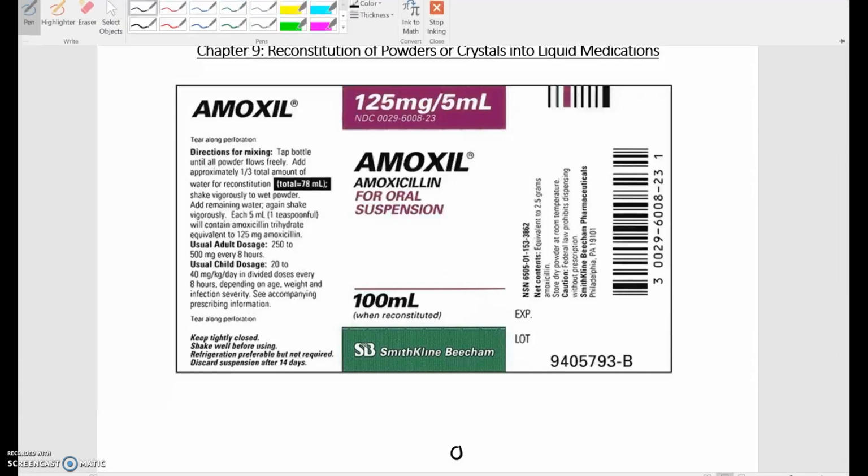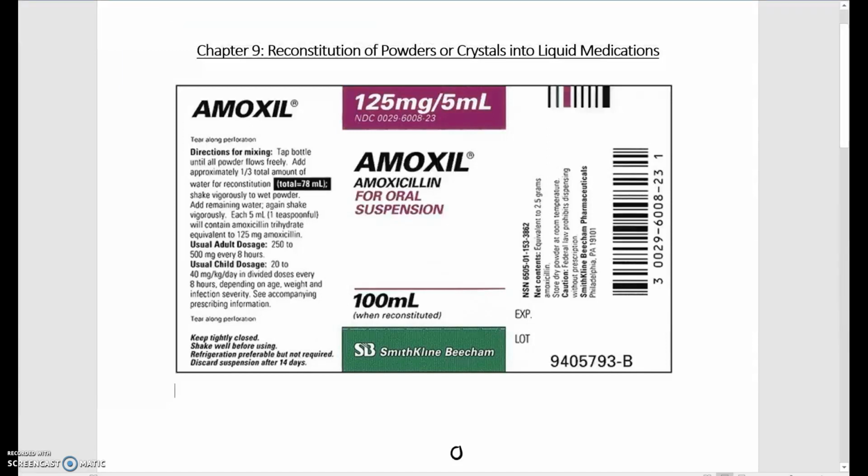Another thing I want you to be able to identify is, in detail, what diluent you need to use. Where will you find that information? You will find it under the instructions where it says directions for mixing. If you see here, it says add approximately 1/3 amount of water.